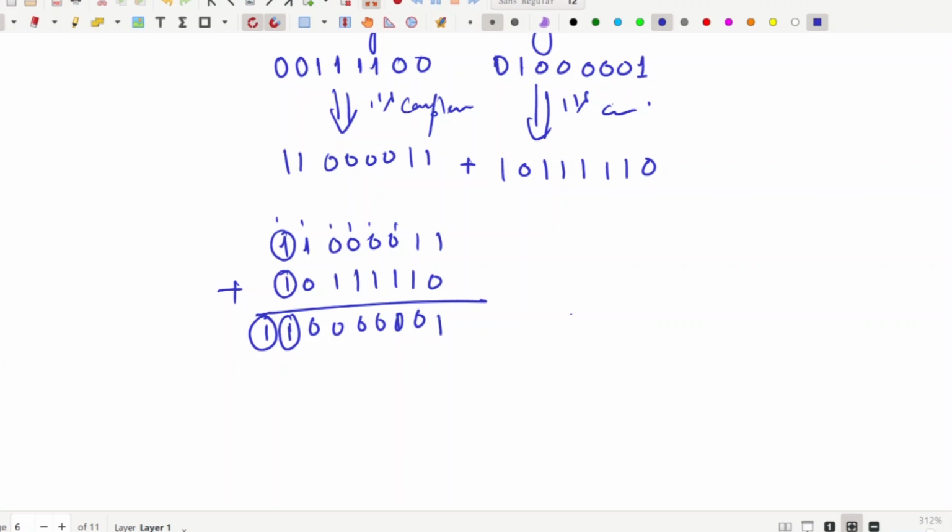What is the ones complement of the rest of the bits? Here the carry 1, the extra carry, is added here.